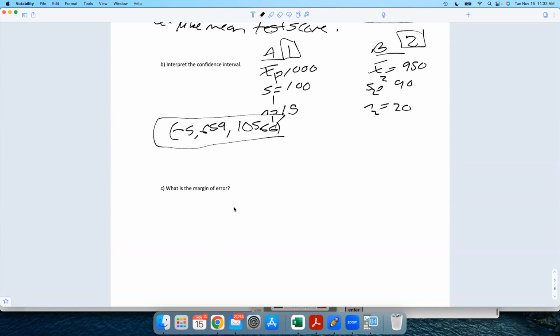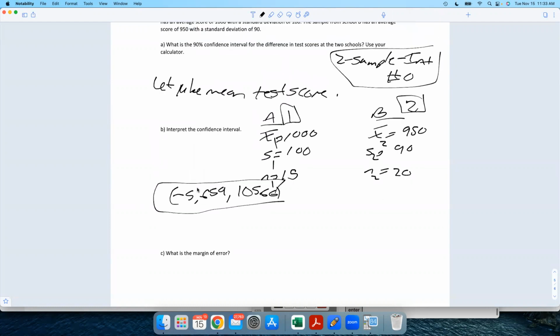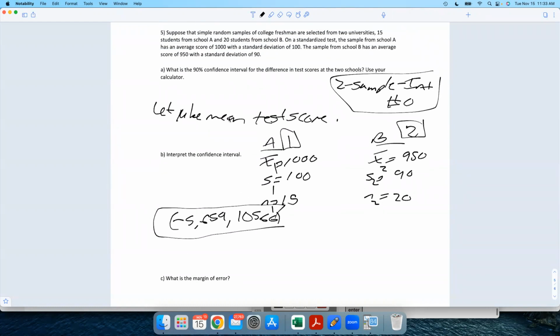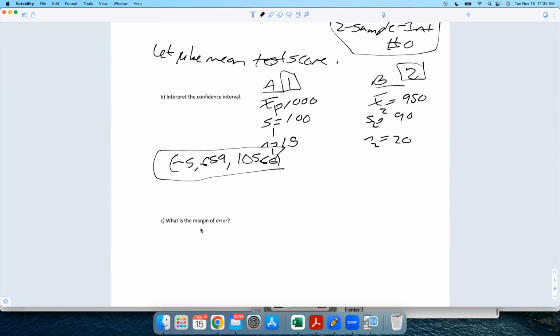So I'm going to have to come down here and write that. It's always, in this case, 90% confident that the average for group 1 is between this and that, higher than the average for group 2. What's it mean to be negative higher? It means lower.